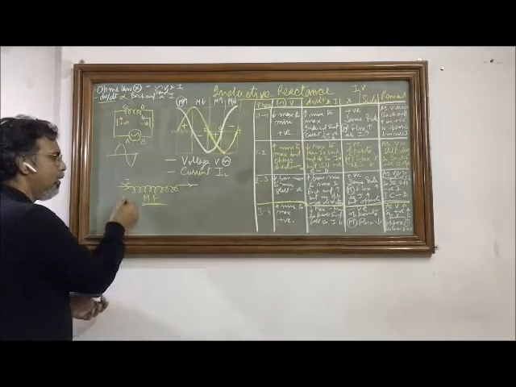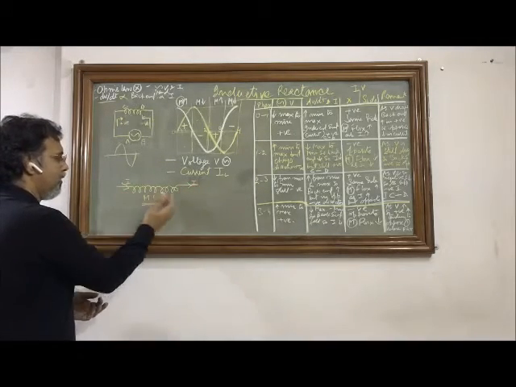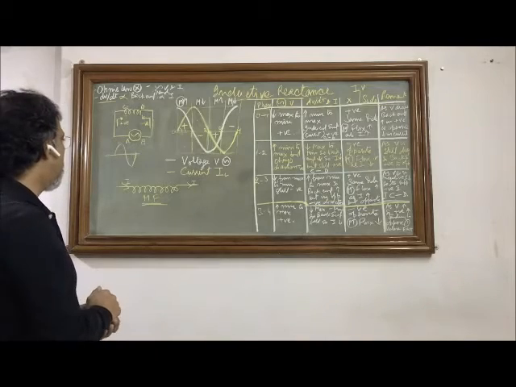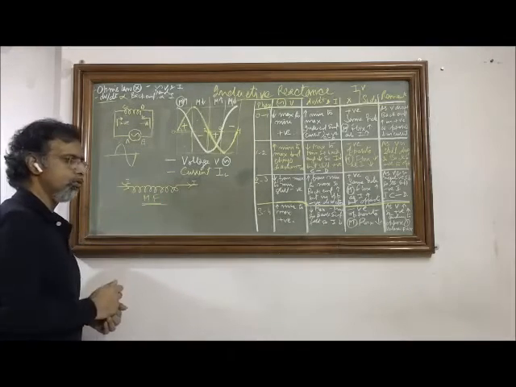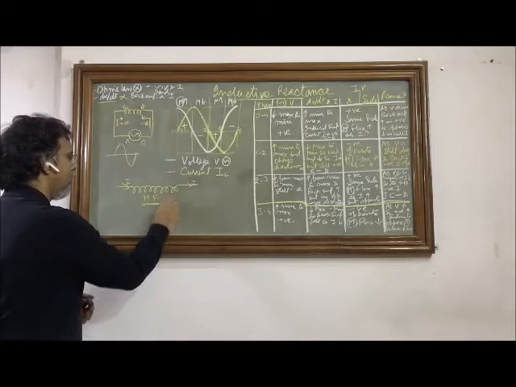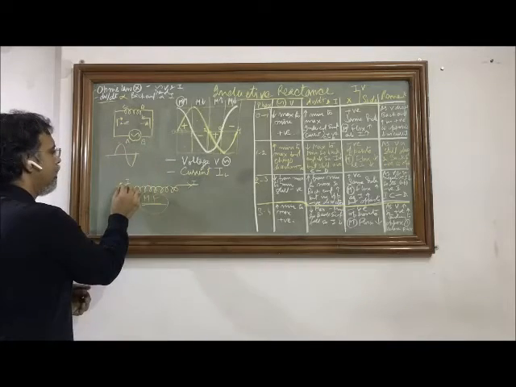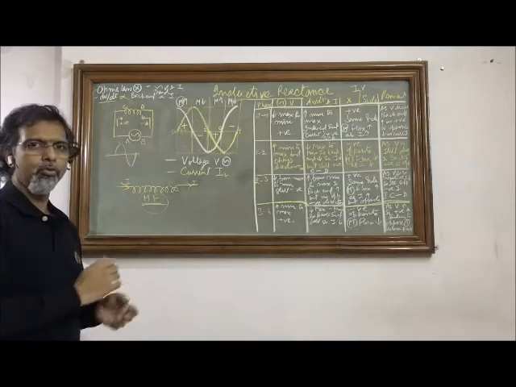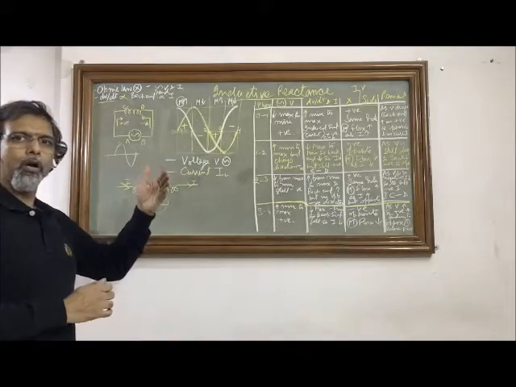As I said, the magnetic field is dependent on the current passing through this coil. So for a constant current, this will remain constant. However, for an alternating current, the value of I tends to change. Either it will be increasing or it will be decreasing.